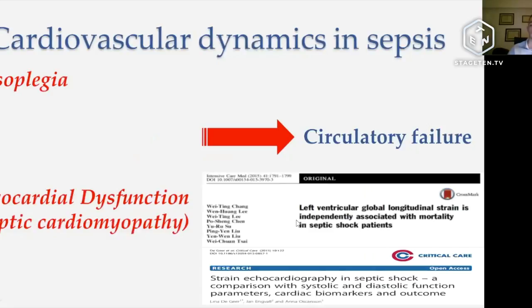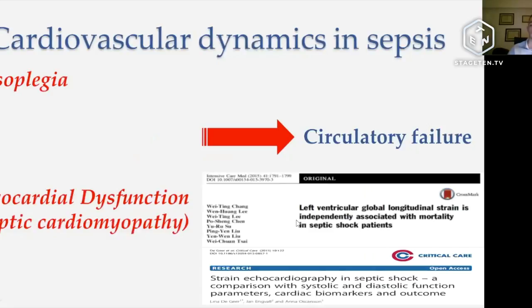Now, let's look at the outcome. This is the meta-analysis that prompted my studies, and I'm really grateful to Stephen for bringing more light on this topic.